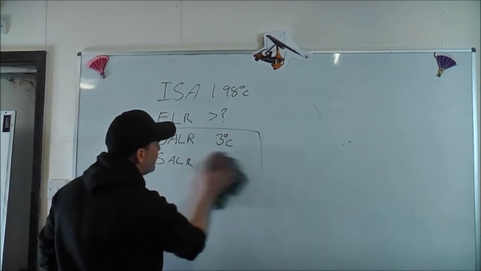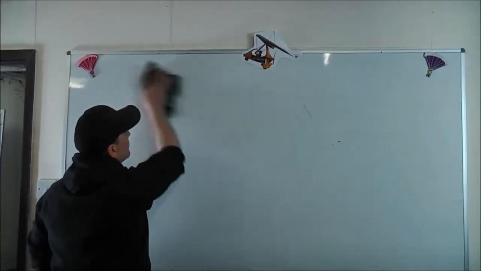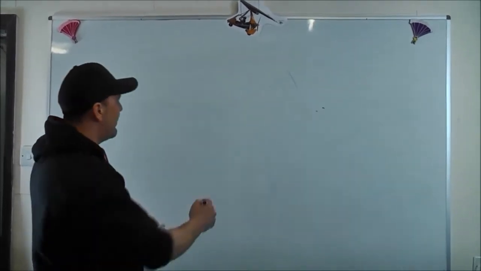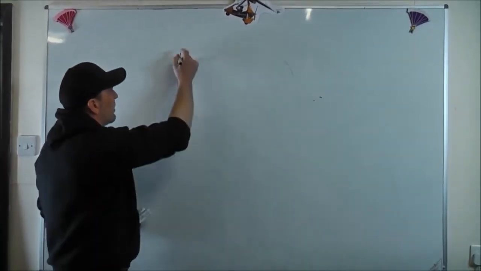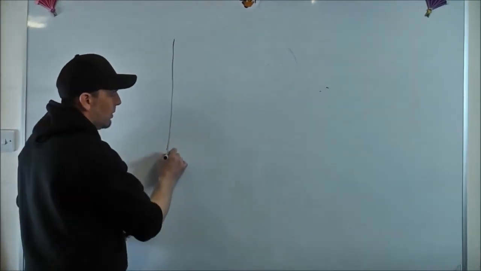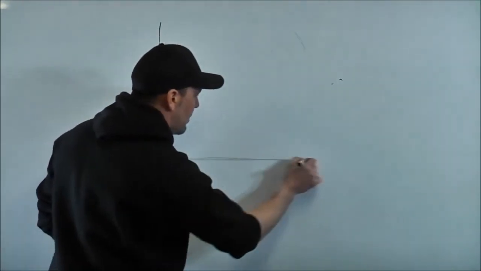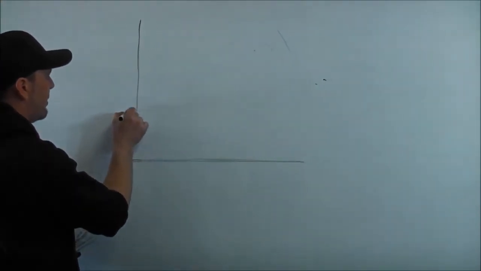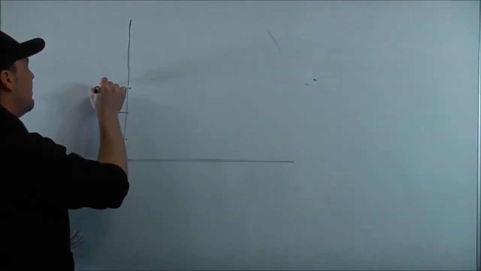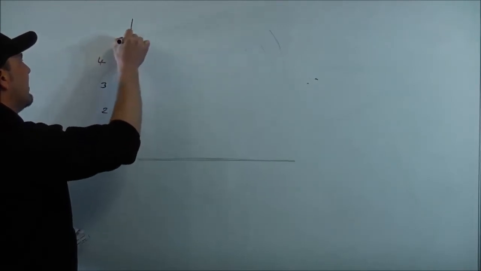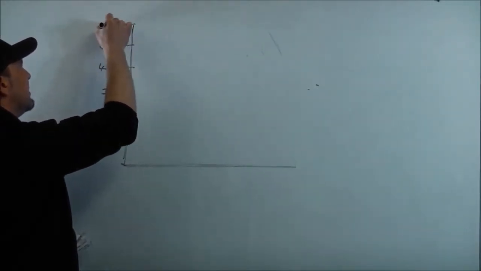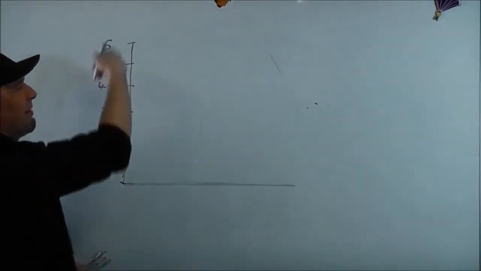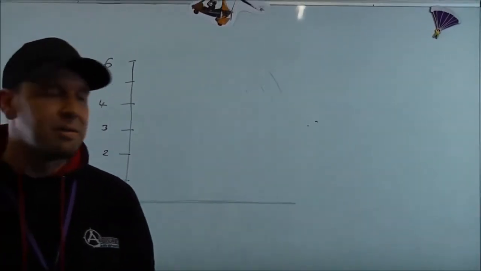First of all, we're going to put on a basic scale. And we have 1,000 feet, 2,000 feet, 3,000 feet, 4,000 feet, 5,000 feet and 6,000 feet. So that's 1,000 feet, just saves me writing a load of zeros.